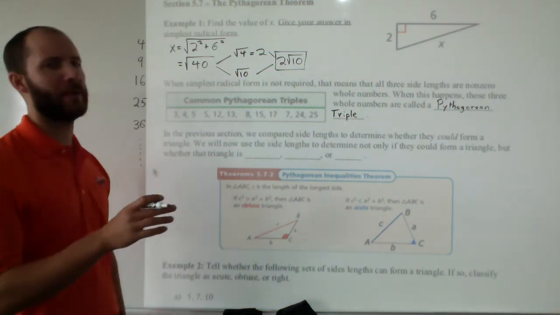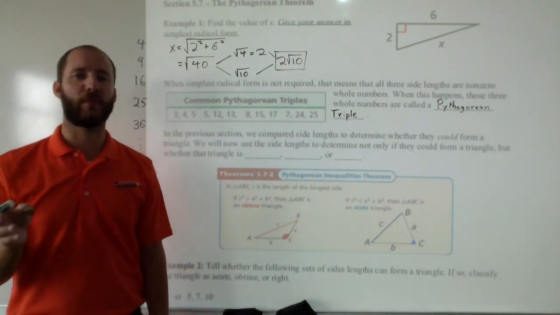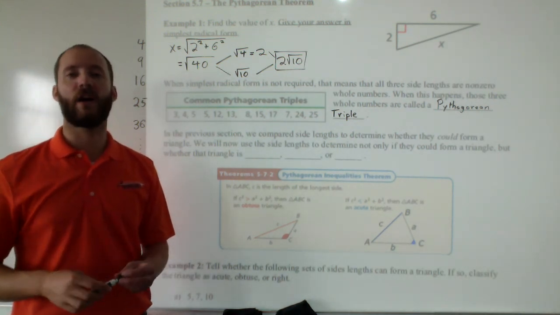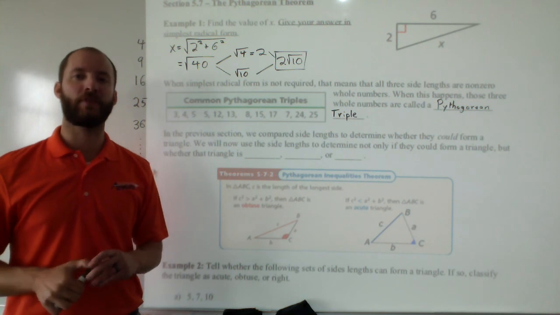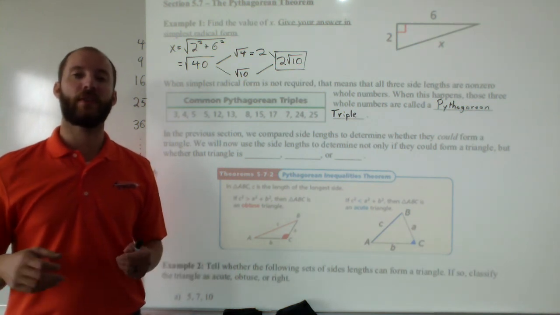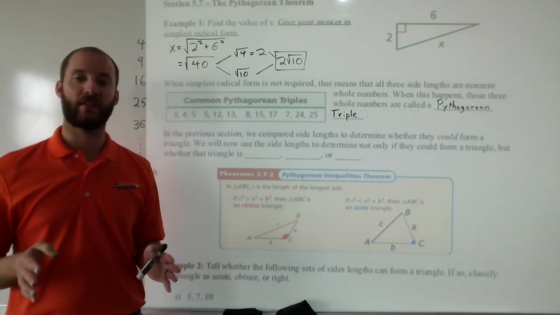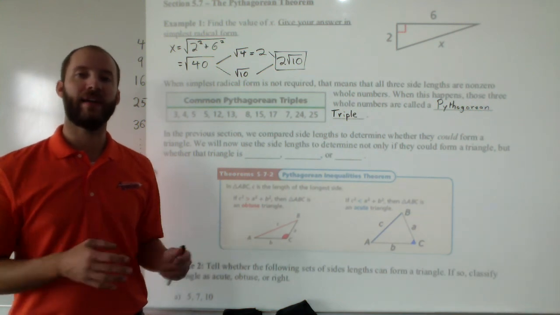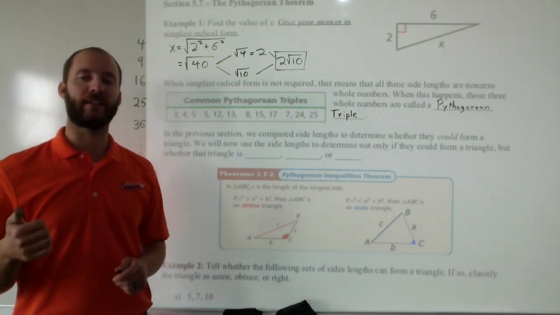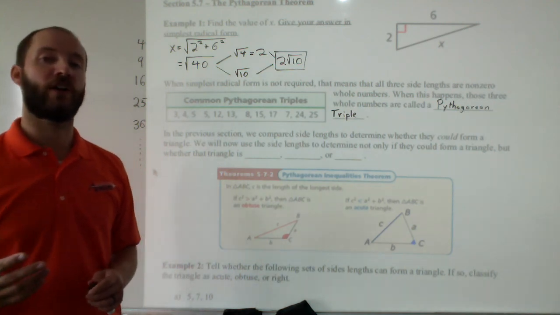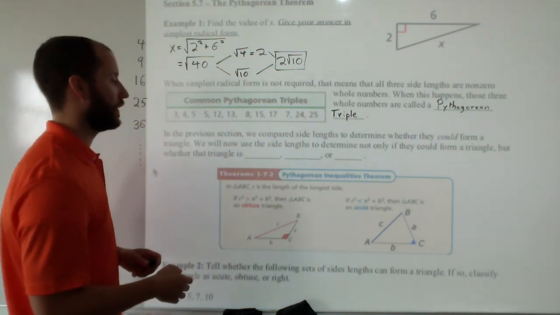Now we've been talking about side lengths to determine a triangle. You know, the 2 smallest sides have to add up to more than the third. That tells you whether a triangle can or cannot exist. What we're going to look at now is not only can the triangle exist or not, but what type of triangle would it be?